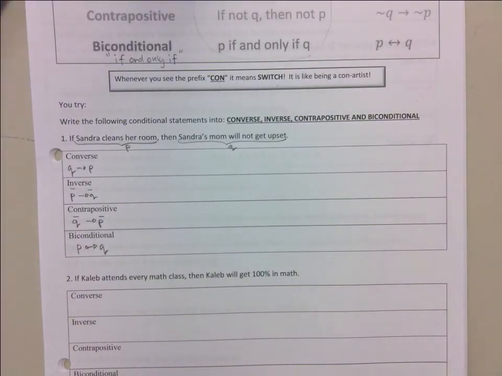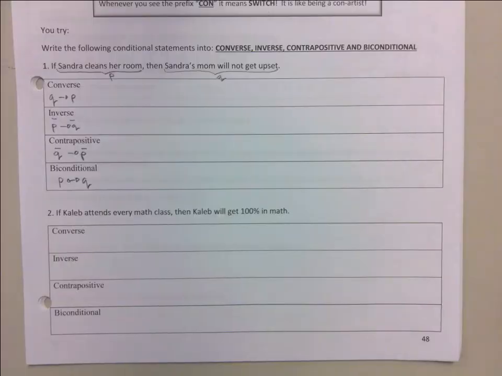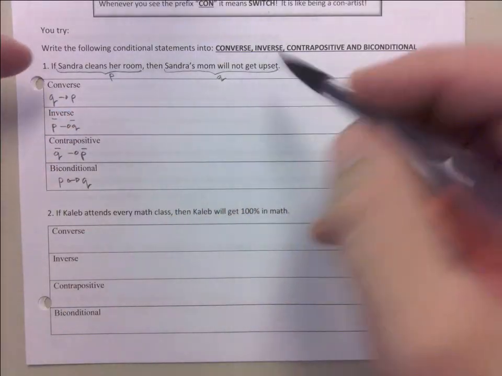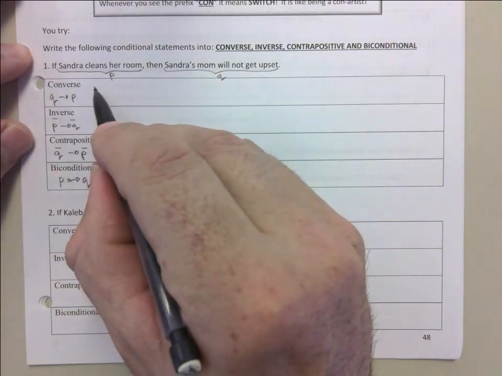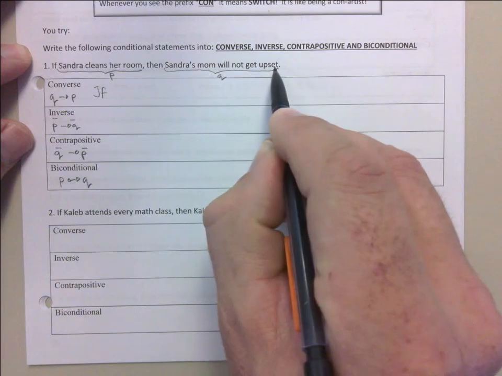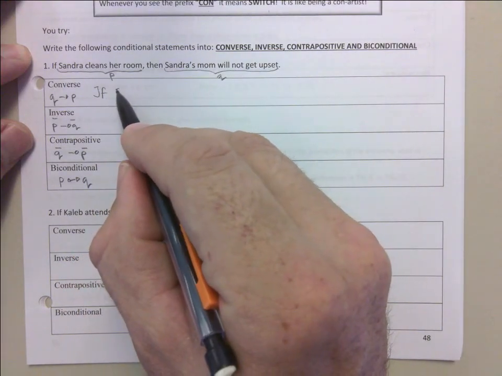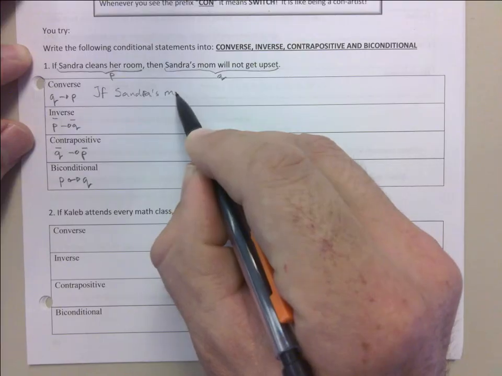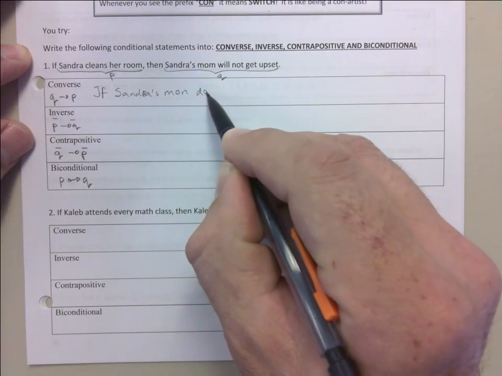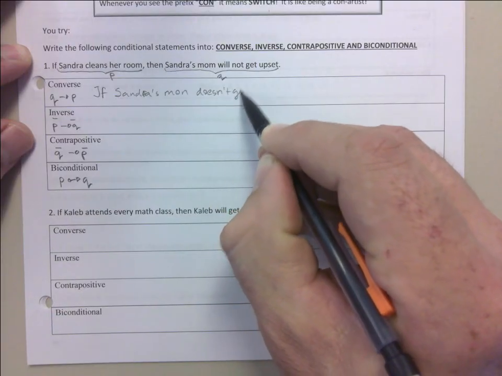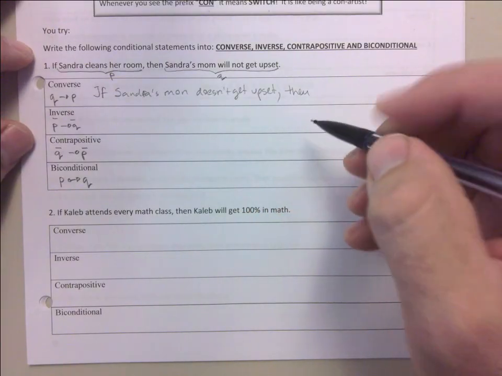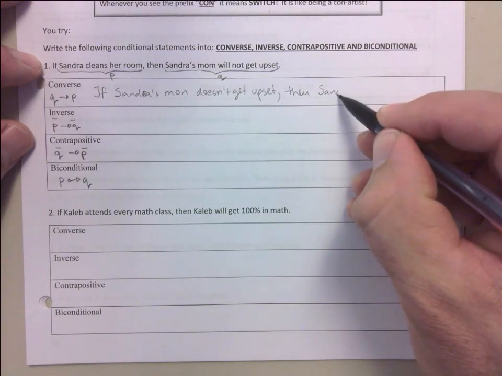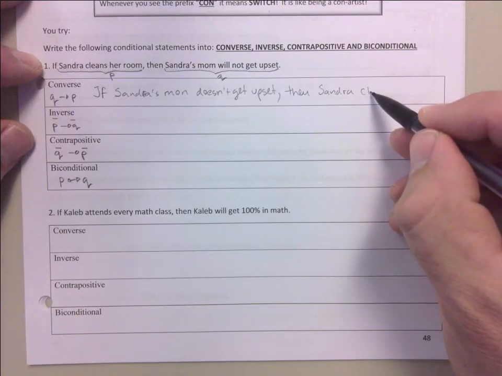So now we've determined originally what P and Q is. Let me just bring this up. Okay. So let's rewrite it. What would be the converse of this conditional statement? We would say if Sandra's mom doesn't get upset, then Sandra cleans her room.